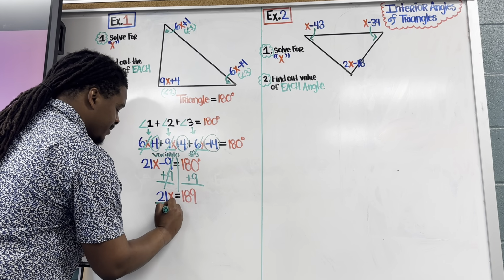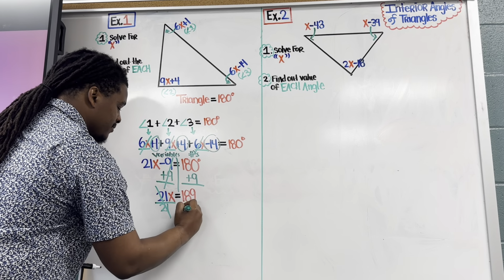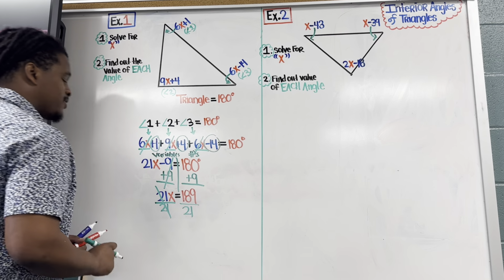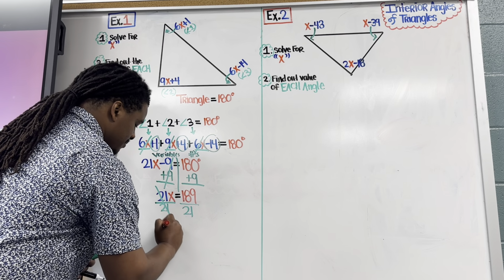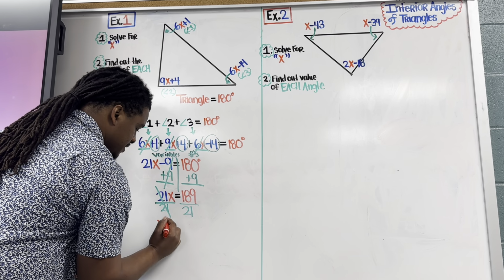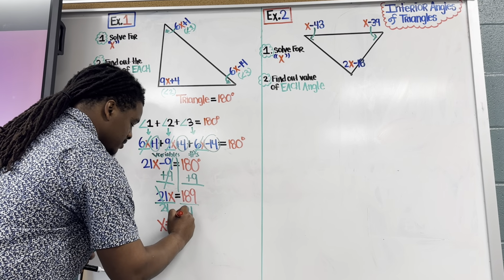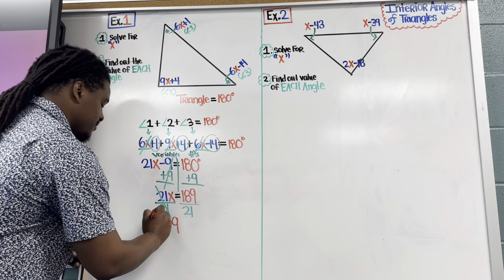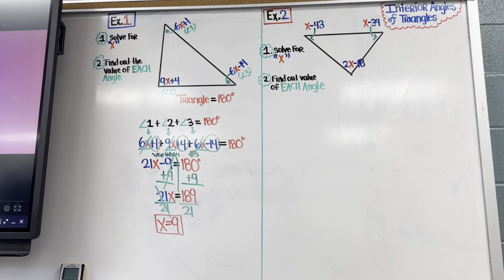And then 189 divided by 21, I believe that is 9, yes, because 9 times 20 is 180, so 9 times 21 is 189. So x equals 9. So the value of x is 9, okay?